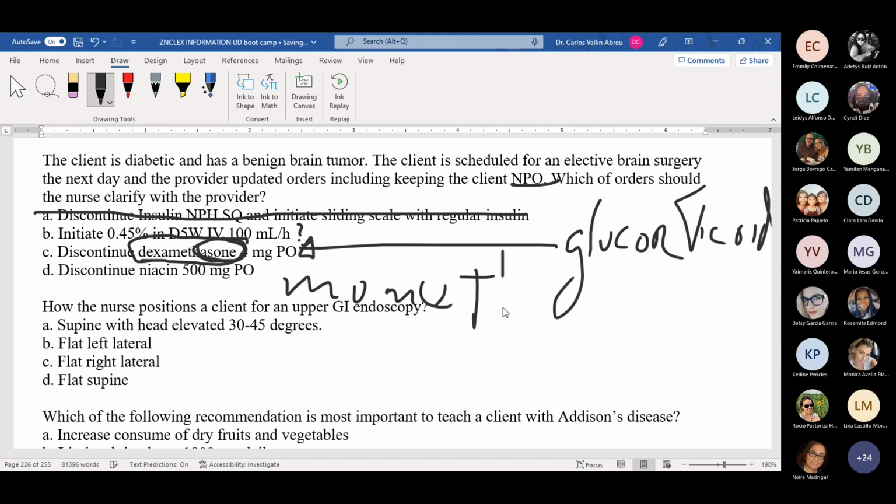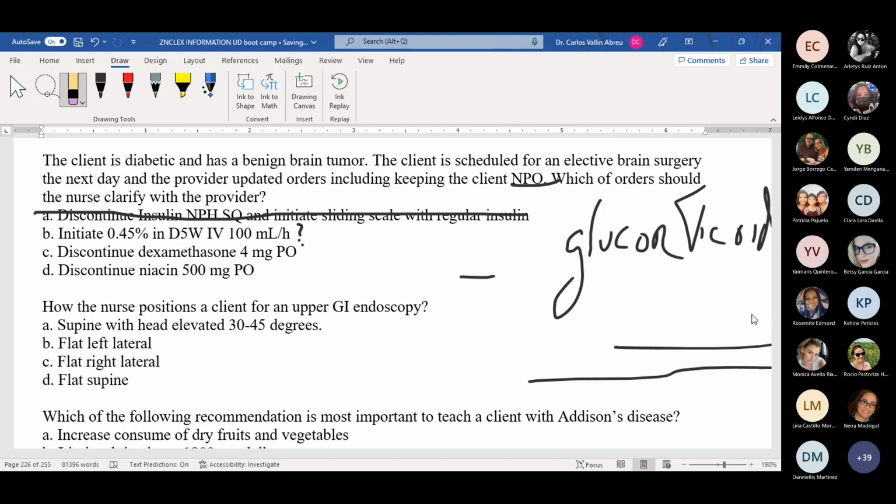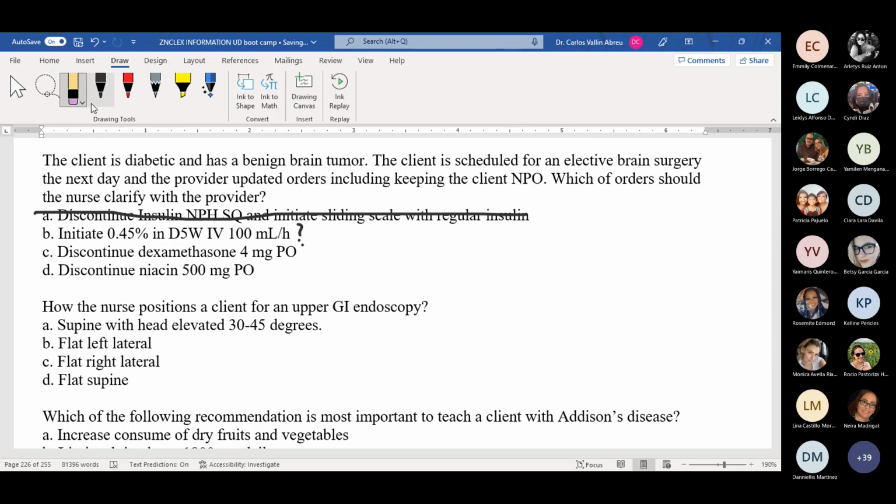What is that? I never heard that. Okay, zone, yes? Does it sound familiar, zone? It's okay. So for the people that maybe are not getting the idea of this question, because these people are not identifying this medication as a glucocorticoid, yes?